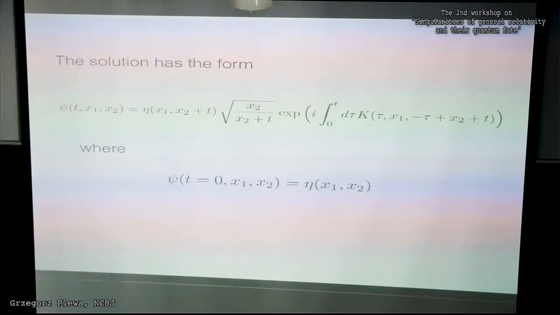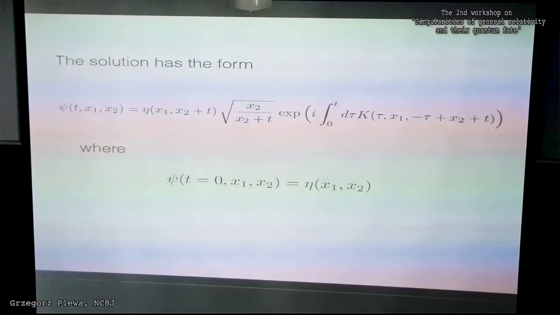Now, the solution can also be found analytically, and it can be written in this form. Again, we have this non-trivial k function, and another term, eta, and there is some ambiguity in this term, because this is not just a normalization coefficient, but as we see, this is a function which has to be fixed somehow.